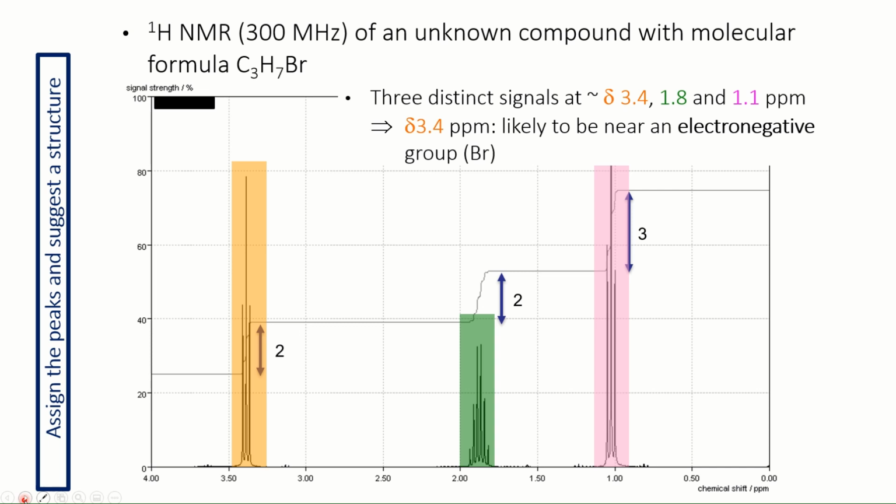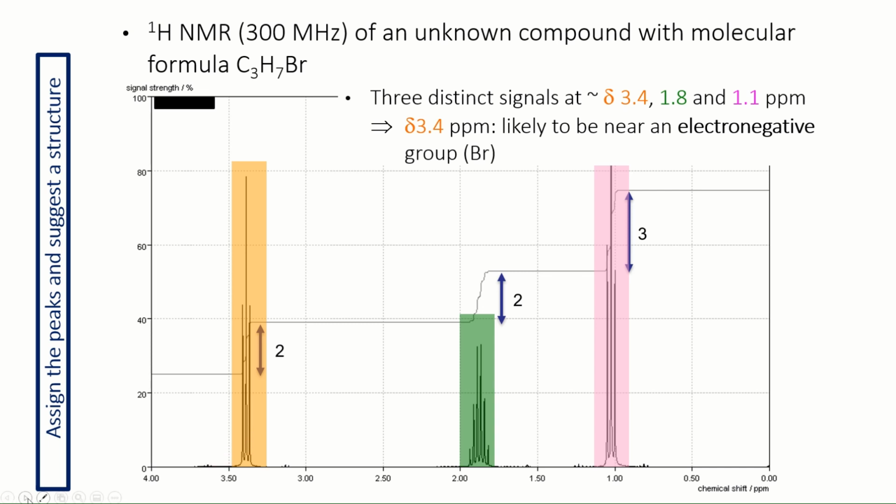And you will know too that this peak at 3.4 ppm here is most likely due to its proximity to an electronegative bromine. So the hydrogens on the carbon responsible for this peak are close to bromine. We say that it is quite deshielded. We'll get to that later.